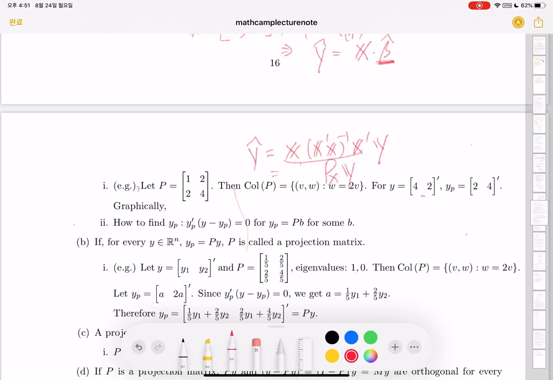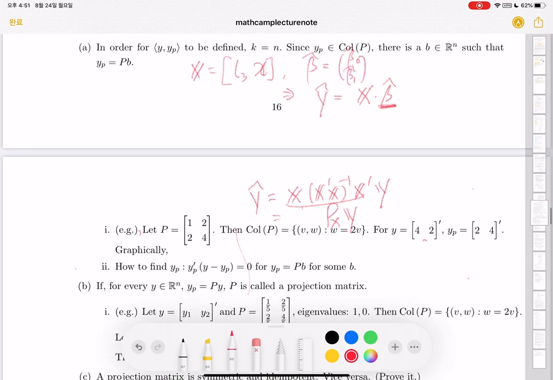So y hat is in the column space of P of x, right?